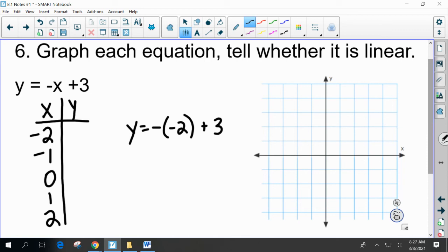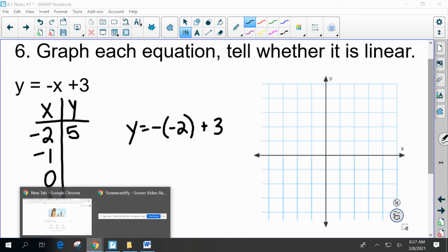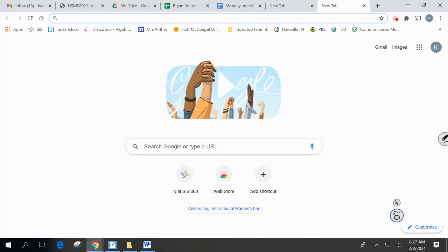What would negative, parentheses, -2 equal? A double negative is positive, so +2 + 3 would be 5. Then I want you to go through and figure out the other 4 numbers. You'll need to pause your video.